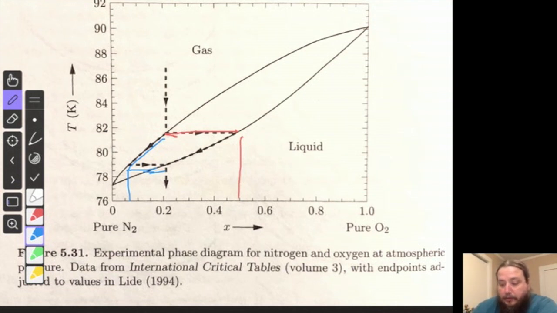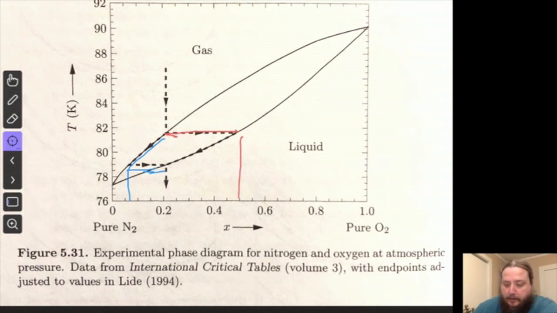Once we get below this point, which is, notice, above the boiling point of nitrogen, now we finally reach the point here where we can continue to drop now as a pure mixed liquid, in a purely homogeneous liquid mixture of nitrogen and oxygen, to lower temperatures.